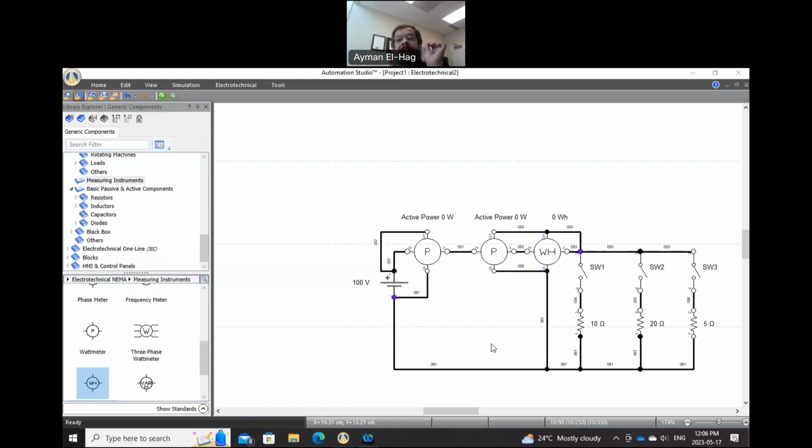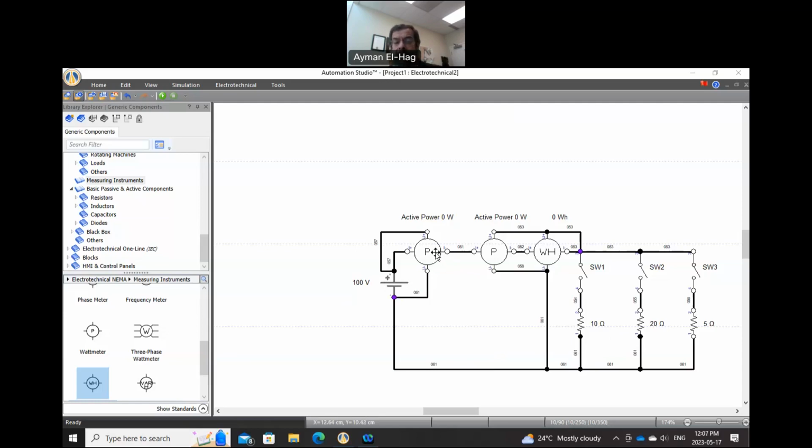Now, we will measure the power at the sending end at the battery by connecting a watt meter. The watt meter basically has two coils, a current coil and a voltage coil. We connect the current coil the same way we connect the ammeter, in series with the circuit, and we connect the voltage coil in parallel, like how we connect the voltmeter.